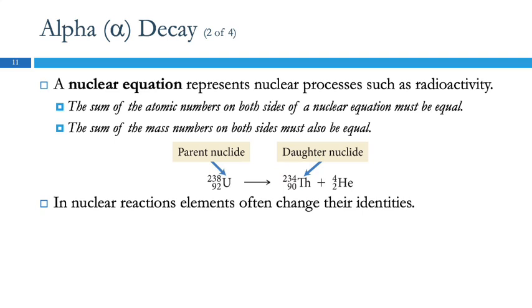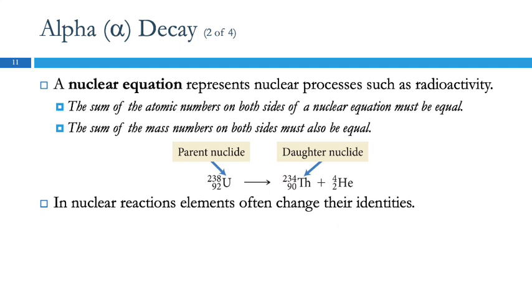So we kind of glossed over that in Chem 1A. Conservation of mass, conservation of energy says you can't do that. But that applies in a chemical process, not in a nuclear process. In nuclear processes, this happens. So in nuclear reactions, elements often change their identities.